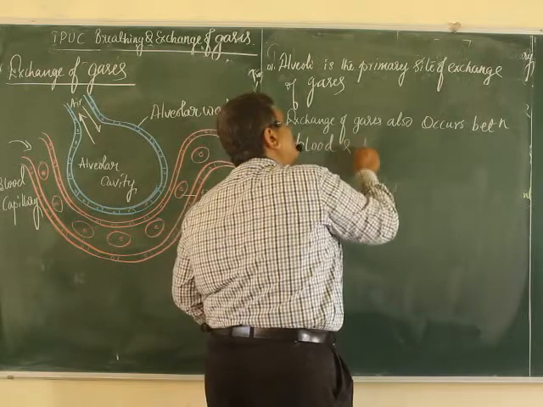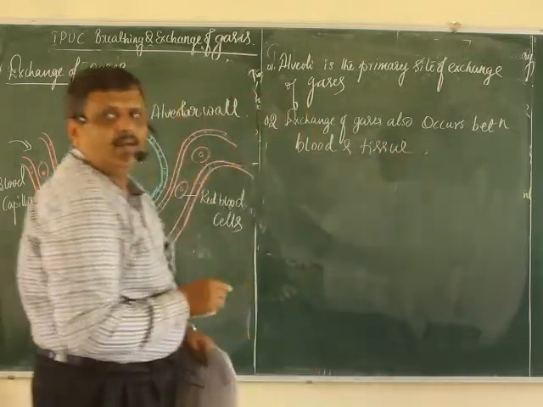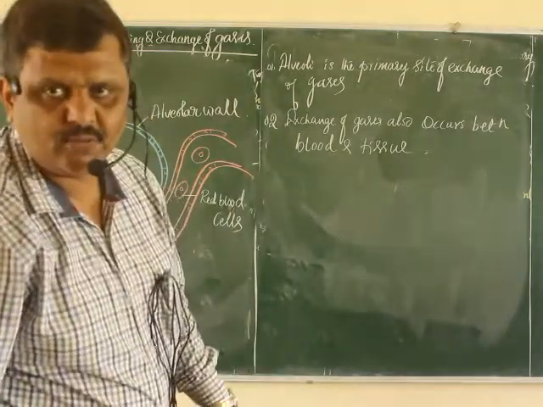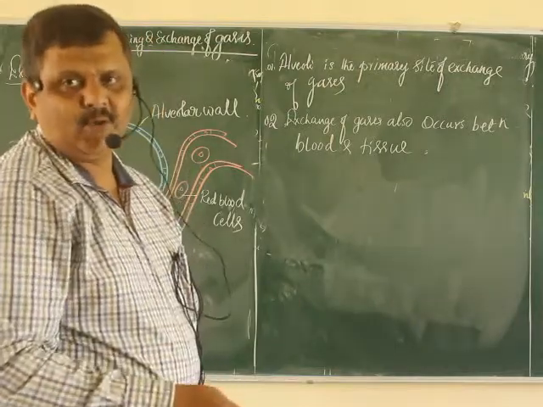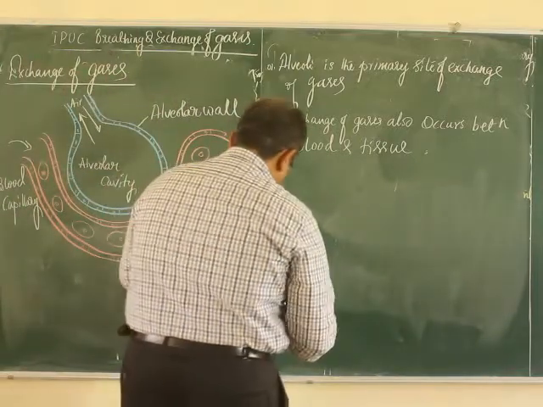Blood and tissue on the other side. Because from lungs, blood carries oxygen to the tissues. Tissues give the carbon dioxide that is transported through the blood to the alveoli. Like that it goes.